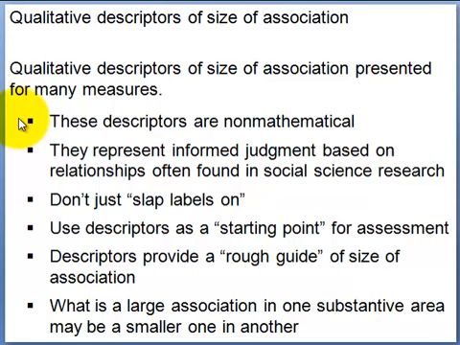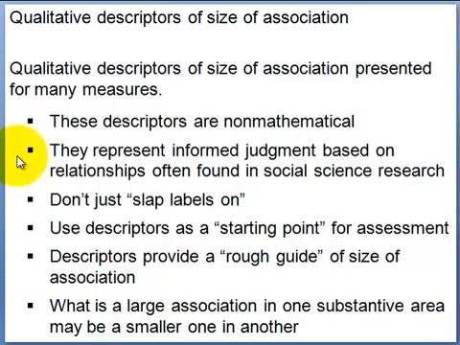Ultimately, these descriptors are non-mathematical. They represent informed judgment based on relationships that are often found in social science. So the gist of the matter is if you see a difference or relationship that is much larger than is typically found in social science, in essence, that relationship is going to be tagged or described as a large relationship.